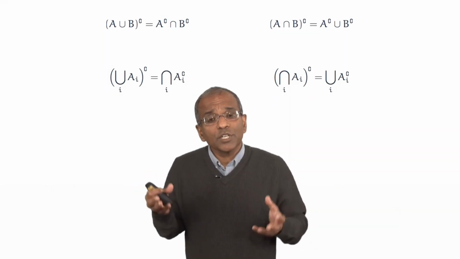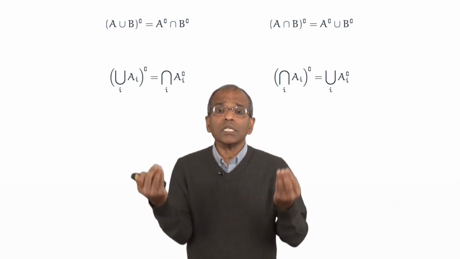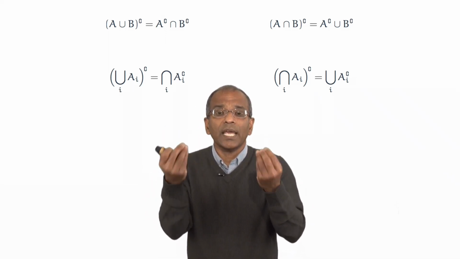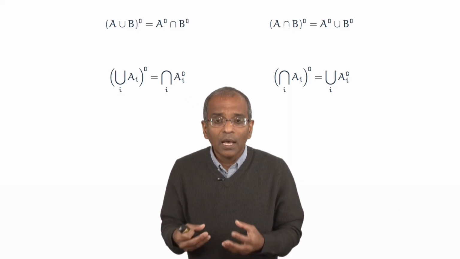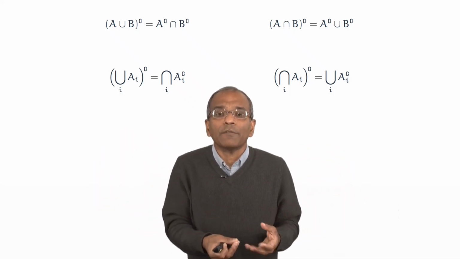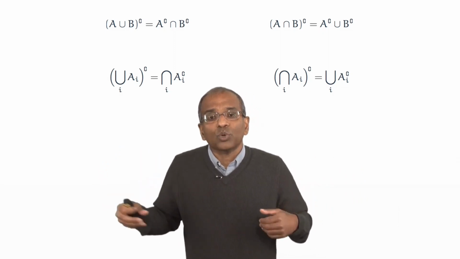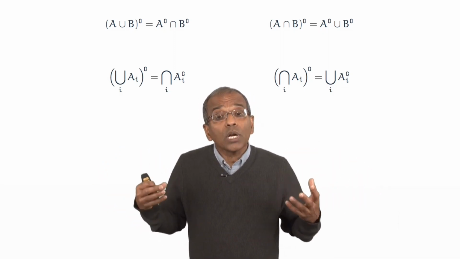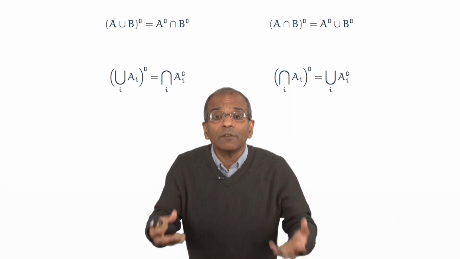In these expressions, I am starting with a family of subsets A subscript i. i is going to run through a finite range, perhaps 1, 2, 3, 4, 5 till 10, more generally 1 through n, or i could run through a countably infinite range.